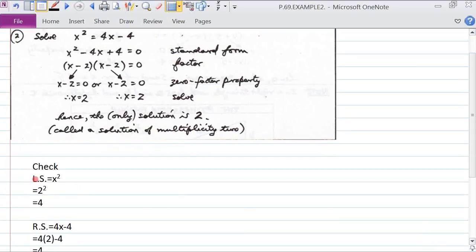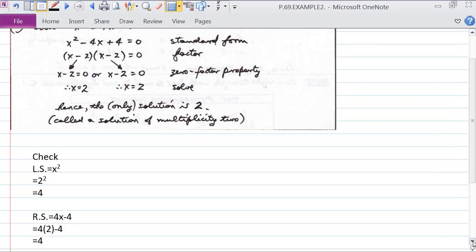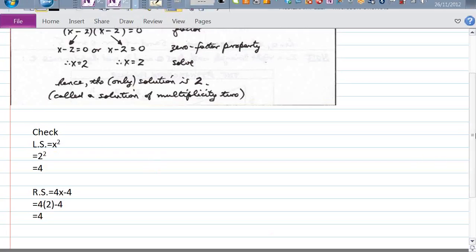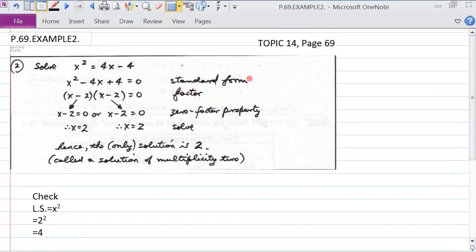Now we check the left side of the equation, which is x squared, and 2 squared is 4. The right side is 4x minus 4, which is 4 times 2, or 8, minus 4, which gives me 4. Since the left side equals the right side with x equal to 2, this is an acceptable solution.